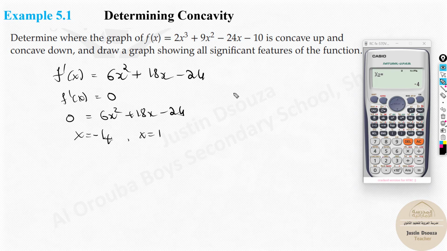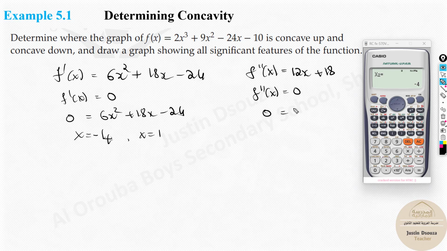Now I leave this over here. You can do it part by part, but what I prefer is I just derive this over here, f double dash of x. What is that derivative? 6 comes down to be 12x plus 18. Now we need to equate this to 0, the double derivative, because we need to find whether this function is increasing or decreasing.